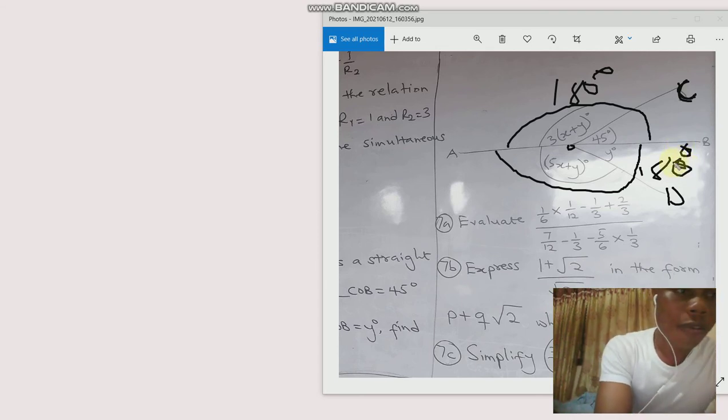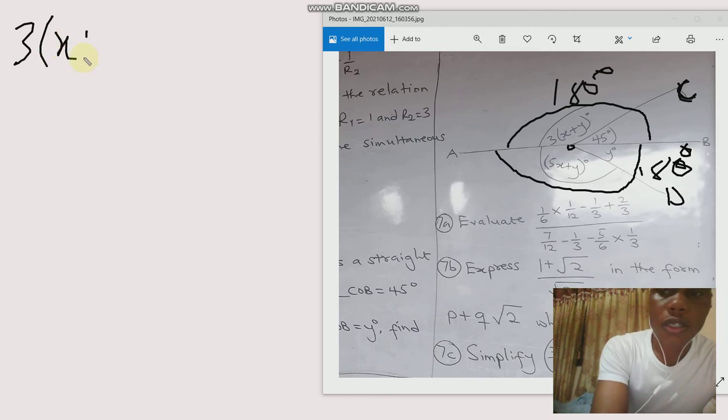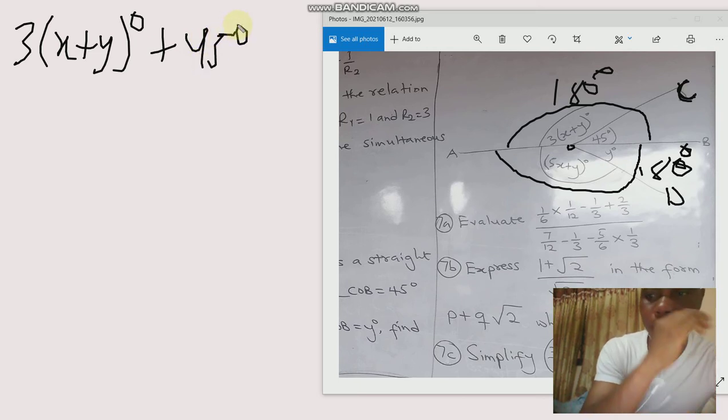Alright, so at the first part, considering the numerator, we have 3x plus y degrees plus 45 degrees. This should be equal to 180 degrees.